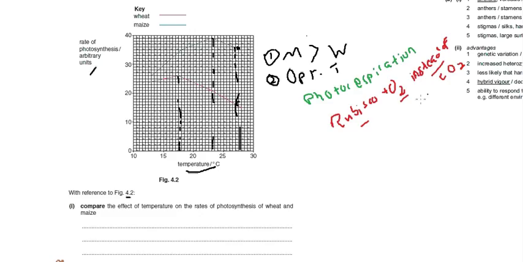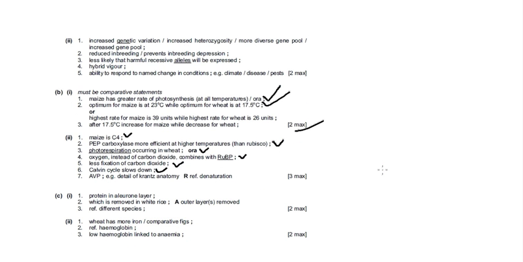Then the RuBP declines, and if RuBP declines it means the Calvin cycle will go down as well. So the light independent stage will decline. I hope that point is very clear, because that's what they say here: lacks fixation of carbon dioxide.